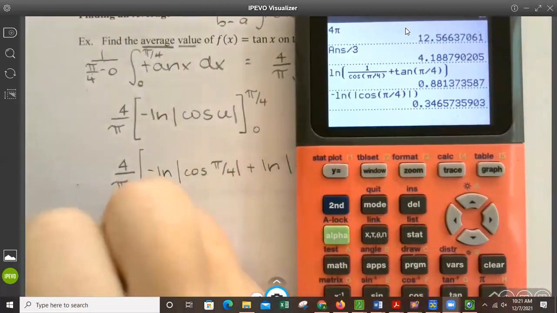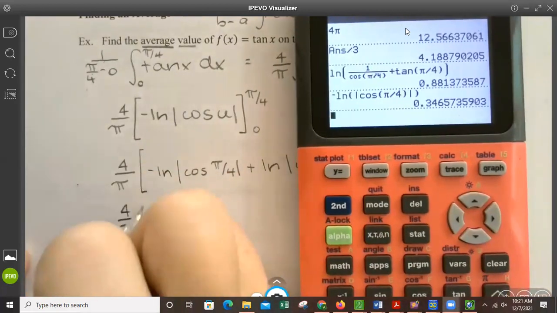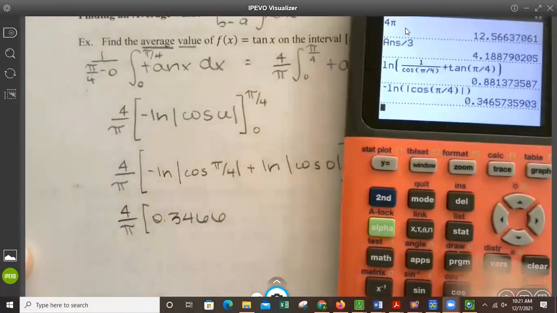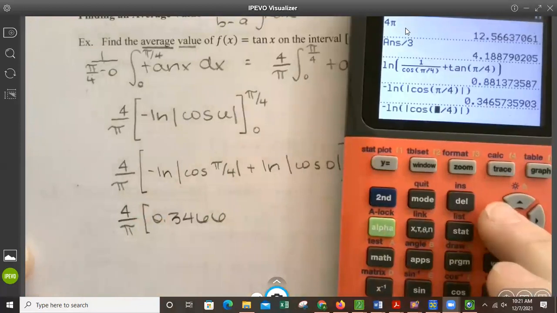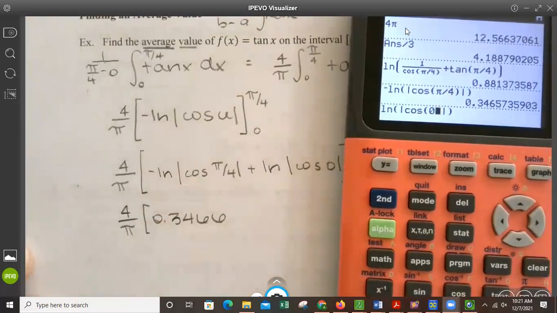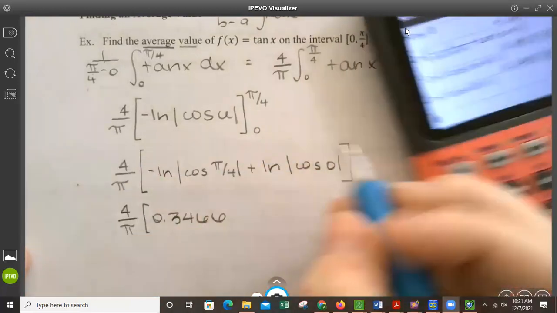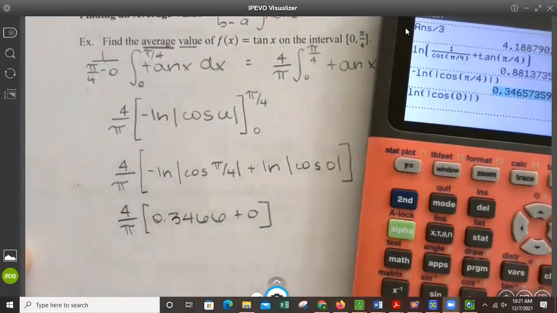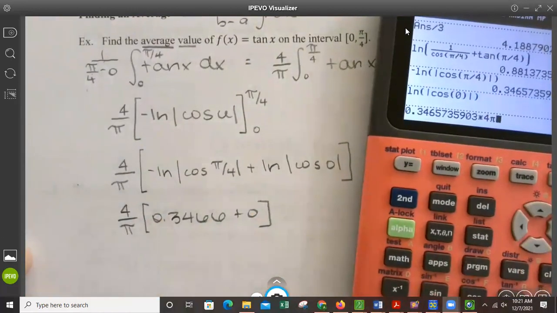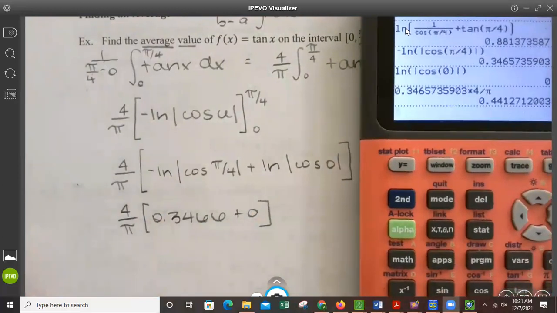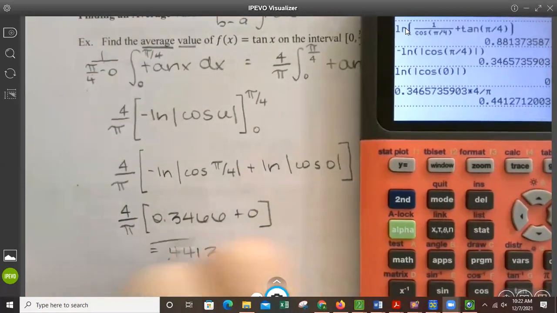We get 4 over pi times 0.3466. We have a positive ln cosine 0, which gives you 0. So then you're going to take that number and multiply by 4 over pi. And we get 4.4413.